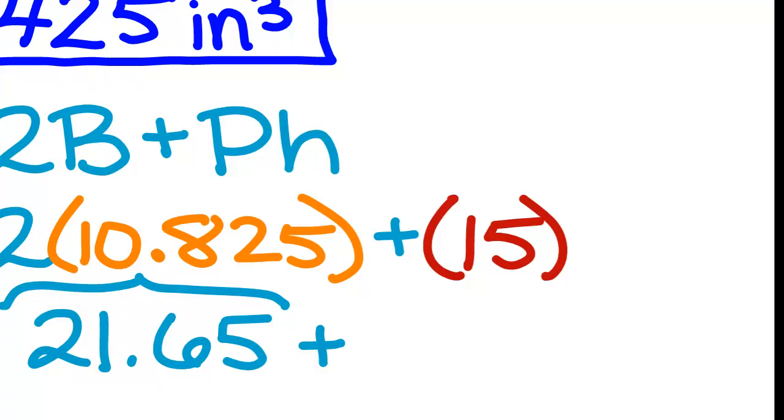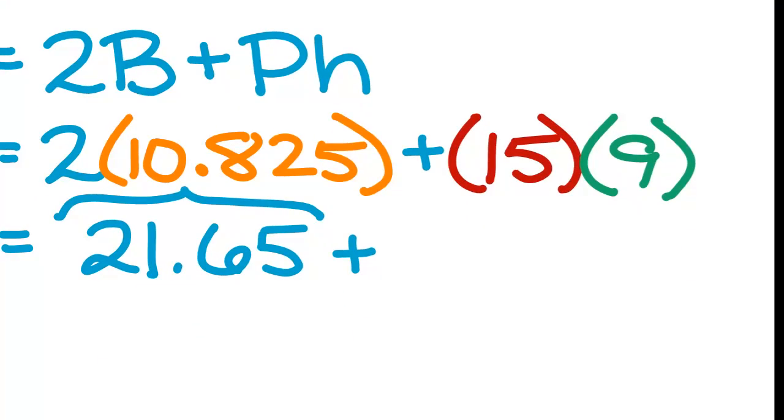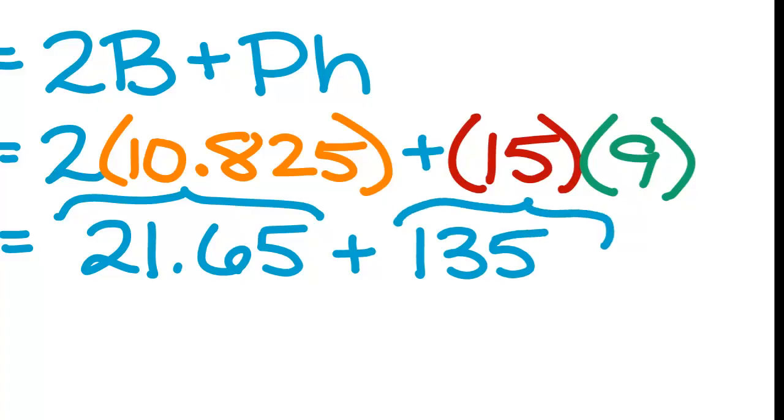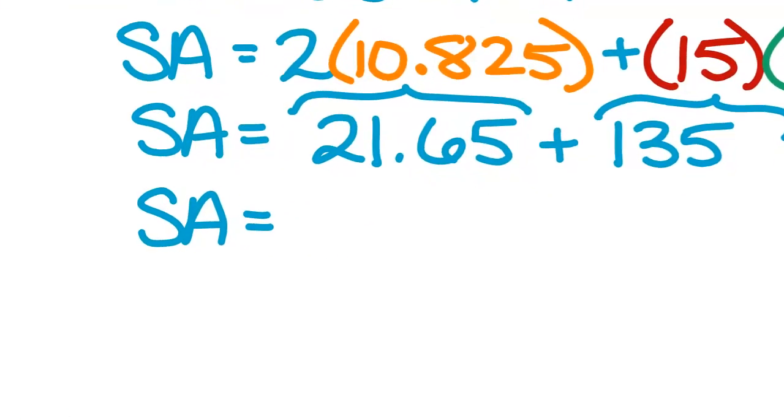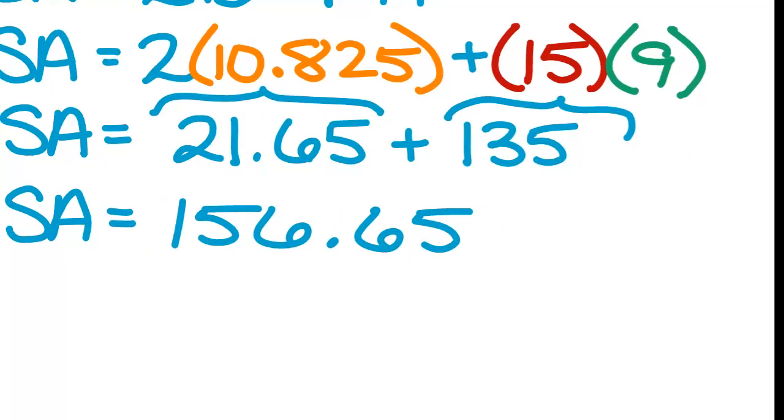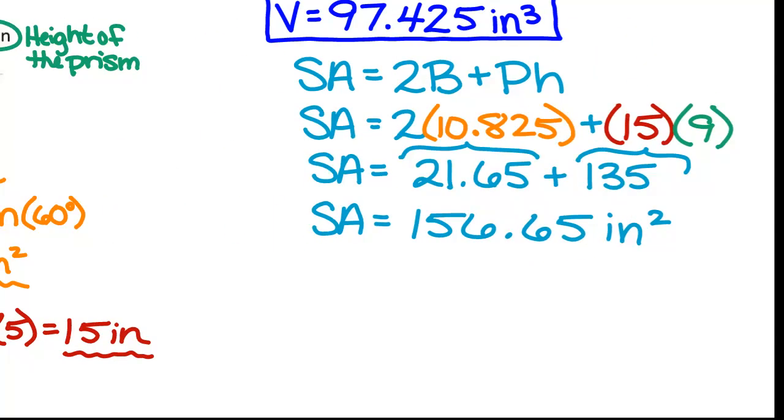What was the height of the prism again? 9. What do we get when we do 15 times 9? 135. So then we add 21.65 and 135 together, and what do we get? 156.65, and that would be inches squared.